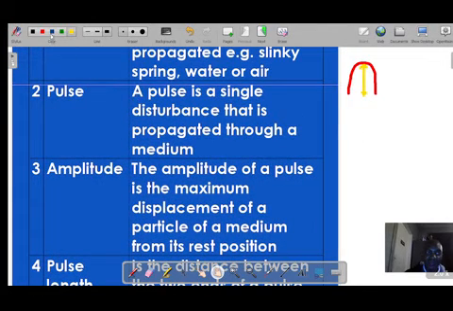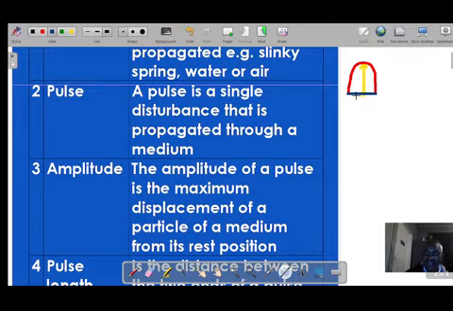If I use blue now, it's going to be from here. Yes, our pulse length in blue, from this point up to this point here. This is the pulse length. This is amplitude. Now the pulse length is seen along the line which is called the rest position.